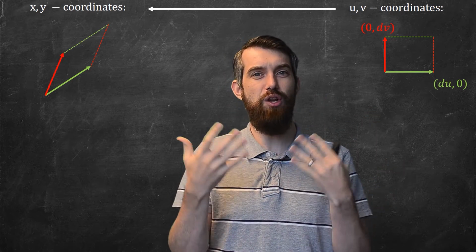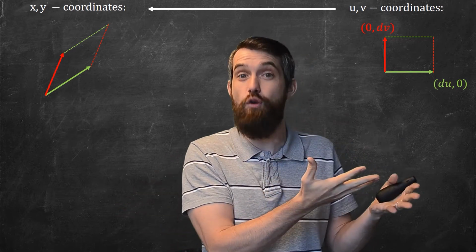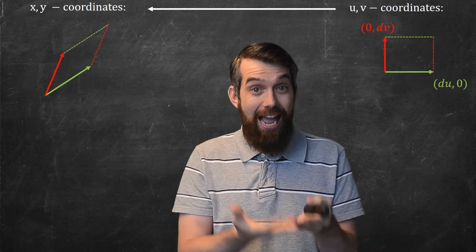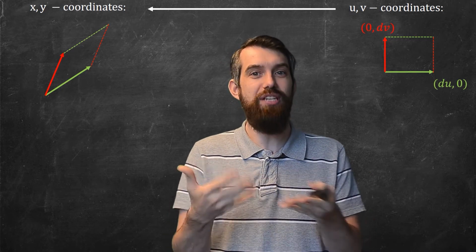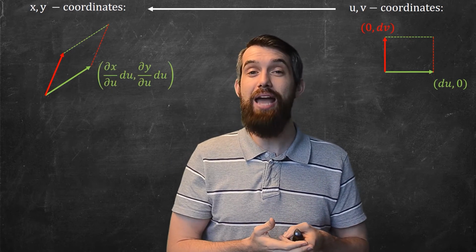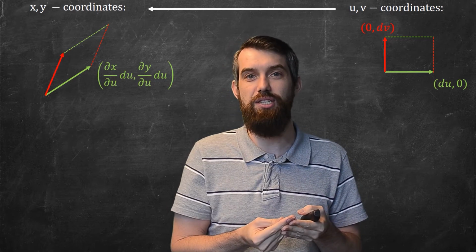But where do they end up? Well, if you think of the green vector as the result of just first a small nudge in u and then you transform it into x and y, then what change in x do you get? It's the resulting change from nudging the u a little bit. In other words, what you get is a change in x with respect to u times that little distance du.